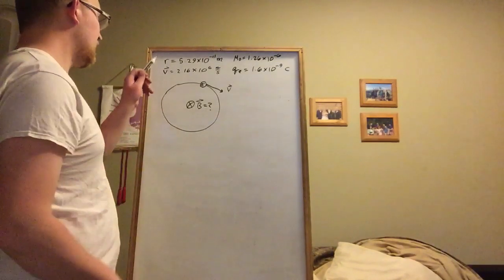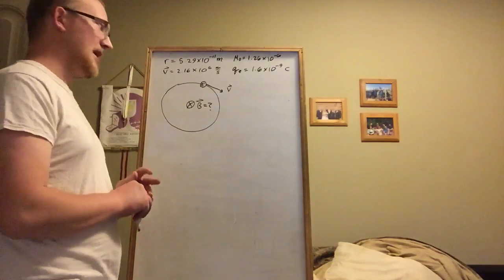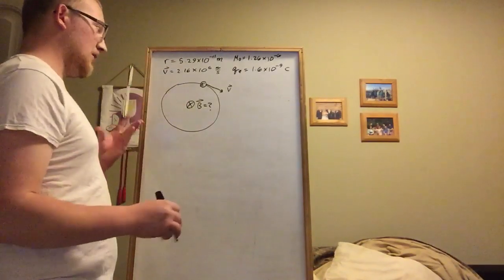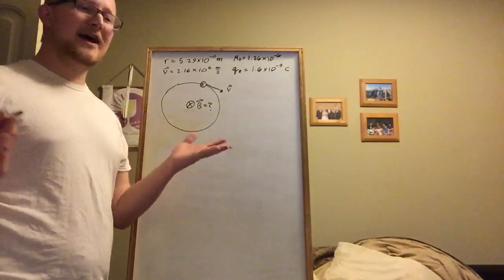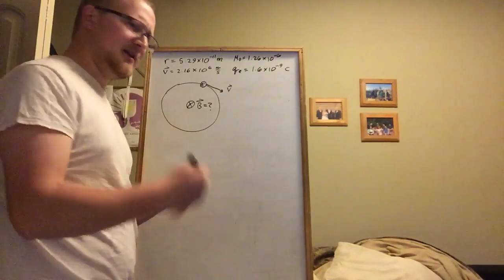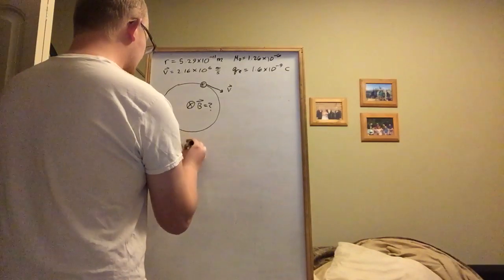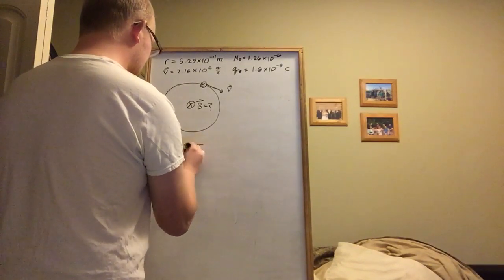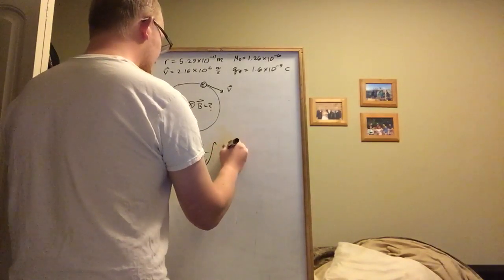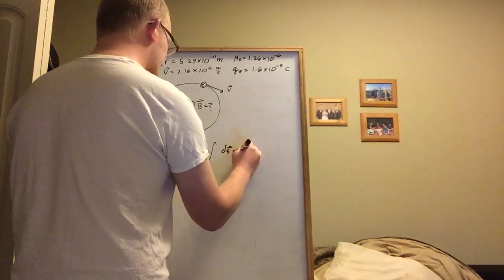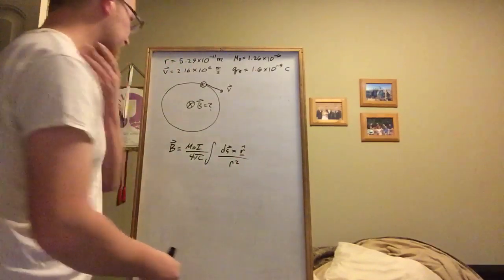And so to solve, we've been given the radius and the velocity that the electron is orbiting at. Let's start with the Biot-Savart law, which states that B equals mu sub naught I over 4 pi, and then we have the small segment ds times the r unit vector divided by r squared.